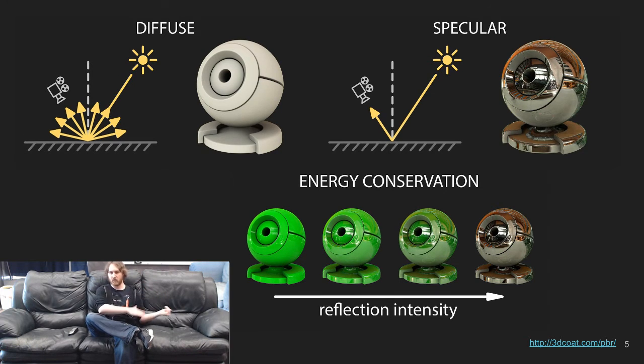So the more reflective you get, the less your underlying material can affect that. The principle of energy conservation says that there's a linear relationship between how much light is absorbed by the material and how much light is reflected out.